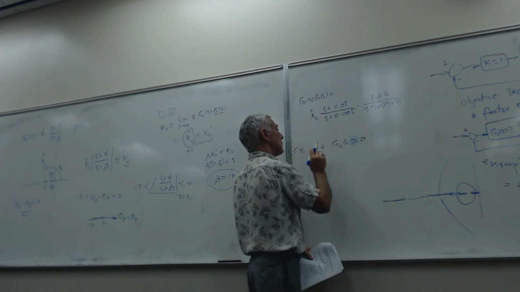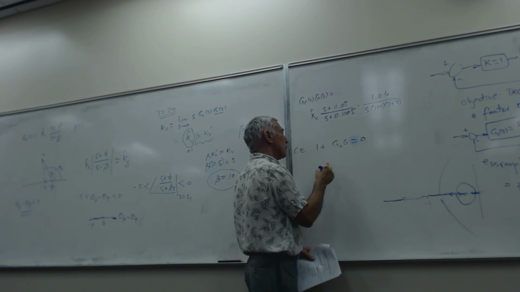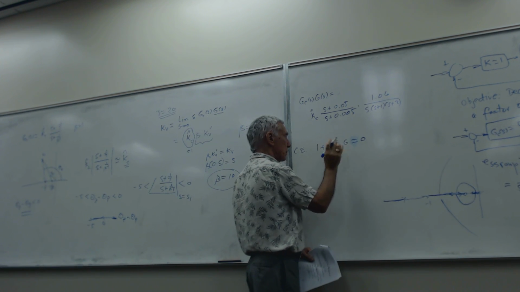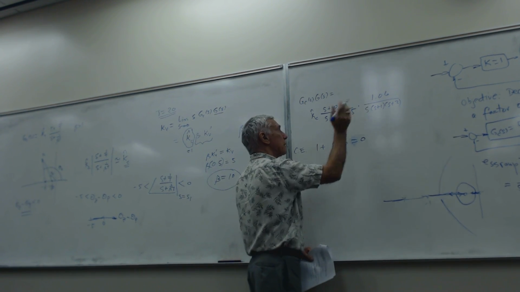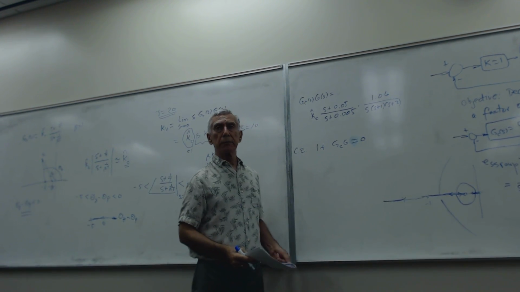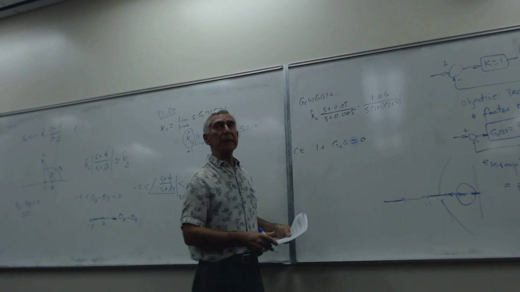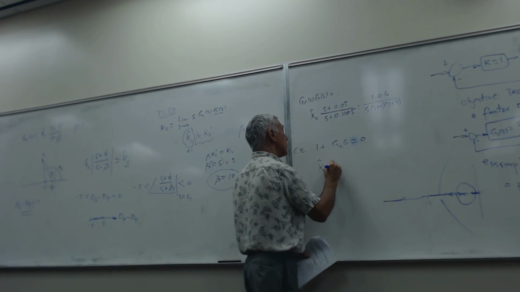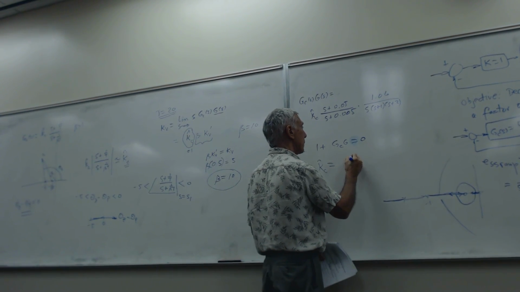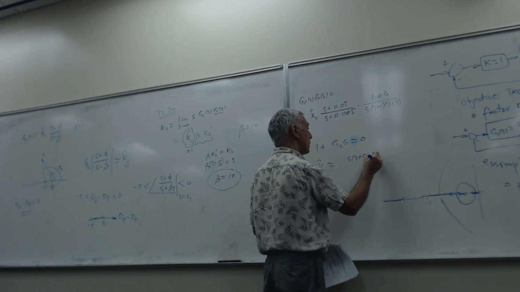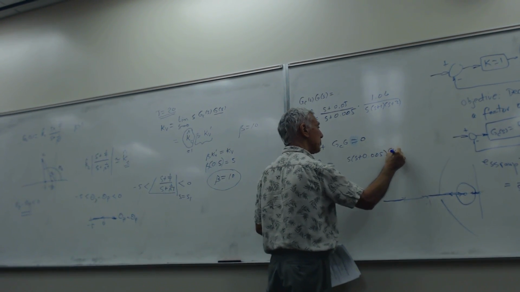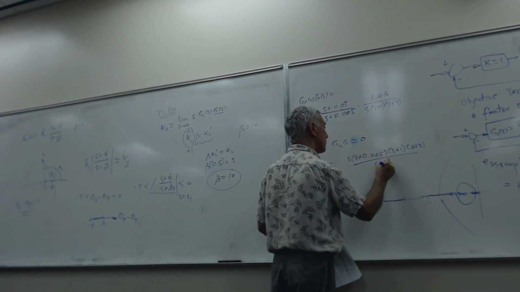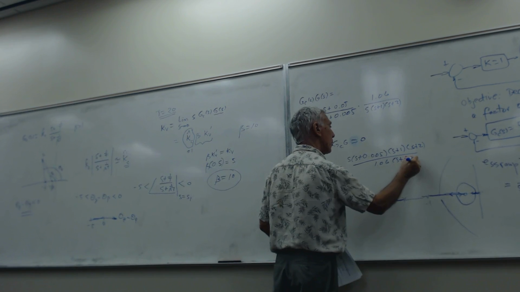It has this Kc hat in it, and you know that the magnitude condition is that you just set this equal to -1, and then you can solve for Kc hat. Kc hat is going to be equal to (s + 0.005)(s + 1)(s + 2) divided by 1.06 times (s + 0.05).